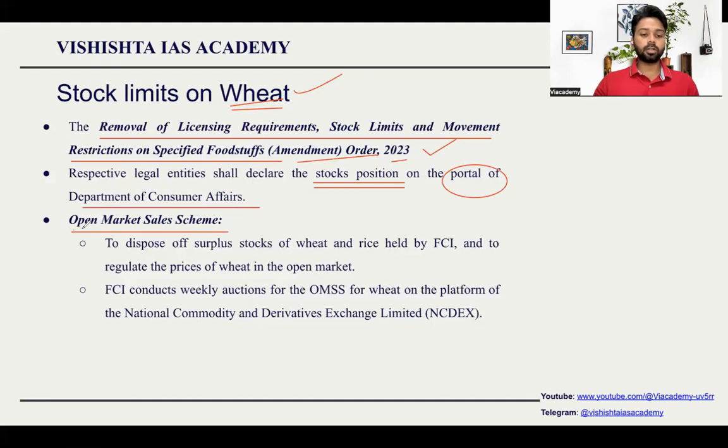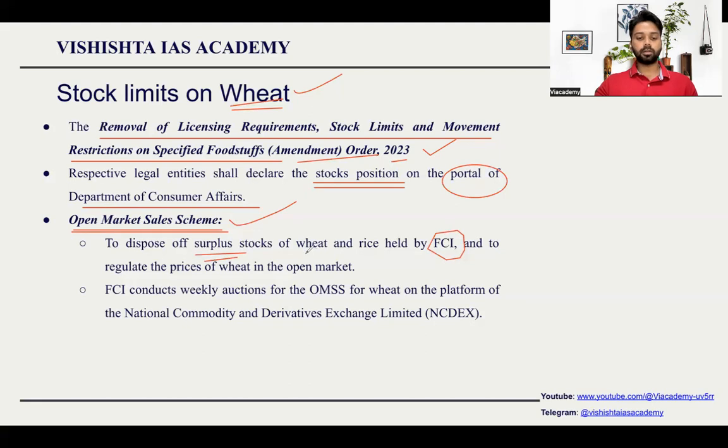Apart from this, one more important scheme is always in news these days regularly, that is the open market sales scheme. So what exactly is it? To dispose of the surplus. The Food Corporation of India has a lot of surplus food, cereals, and all these things.